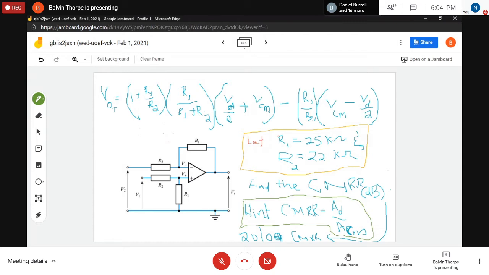So it rejects signals that are common and it amplifies signals that are different. It's how well it is able to amplify signals that are different and reject signals that are the same. And the formula for that is differential gain over the common mode gain.